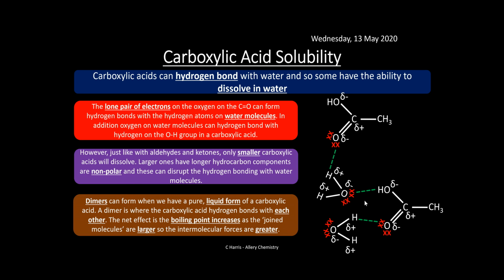Also, dimers can form when we have a pure liquid form of a carboxylic acid. A dimer is where the carboxylic acid molecules hydrogen bond with each other. The net effect is that the boiling point increases, as the joined molecules are larger and so the intermolecular forces are greater.